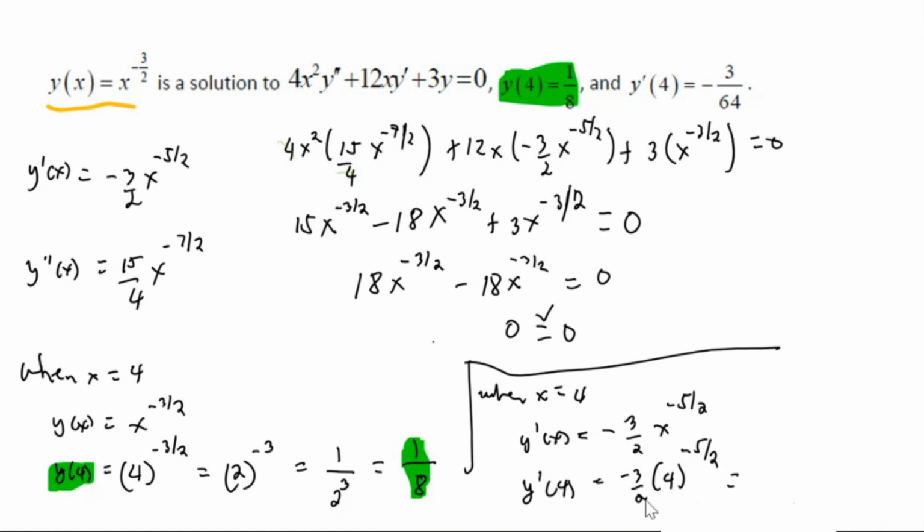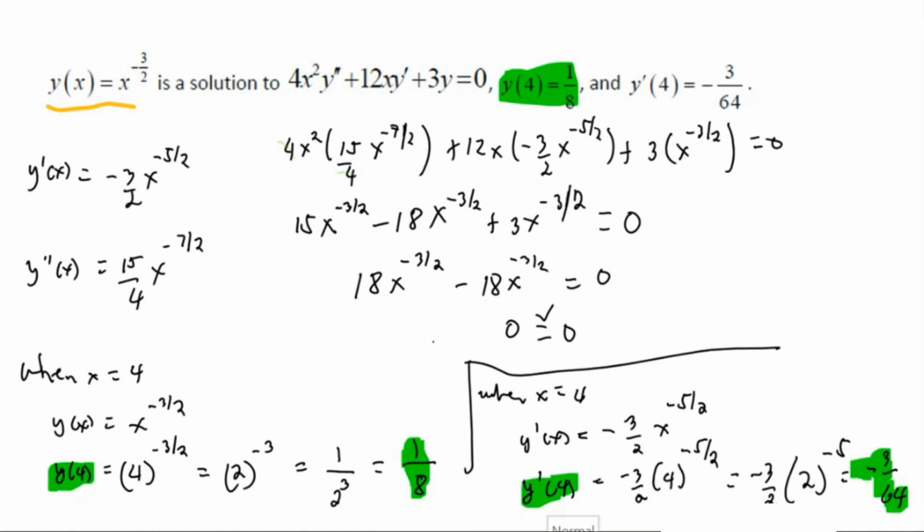In the same manner as what I did on the first initial value, we have to take the square root of 4, which is equal to 2. So I will write first the coefficient of negative 3 over 2 times the square root of 4, which is 2, and then raised to the power of negative 5. Now if you simplify that, it will give you the answer of negative 3 over 64.